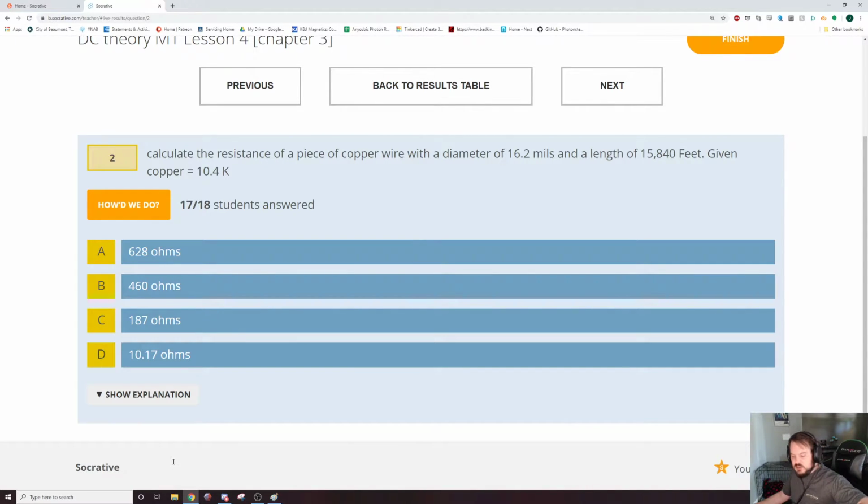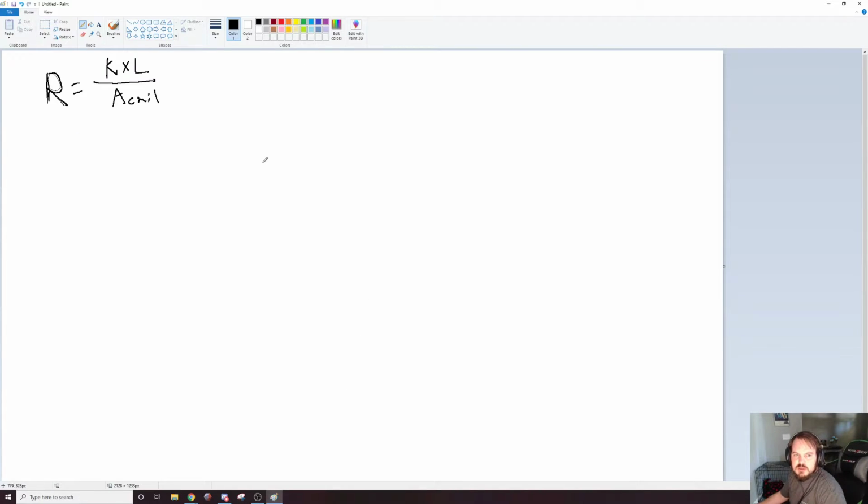That is not circular mils. I would argue that this question should be later in the lesson, but the quiz is shuffled, and a length of 15,840 feet.